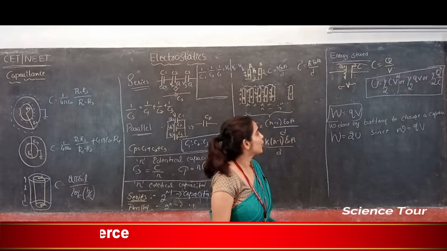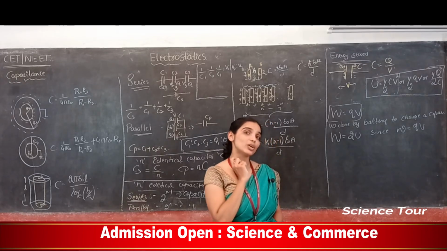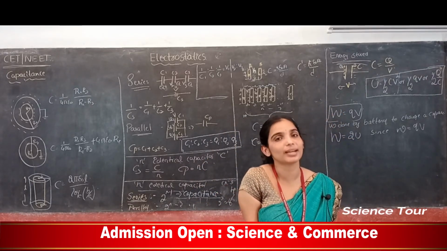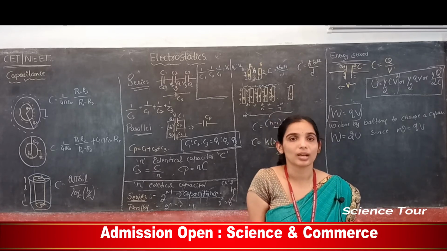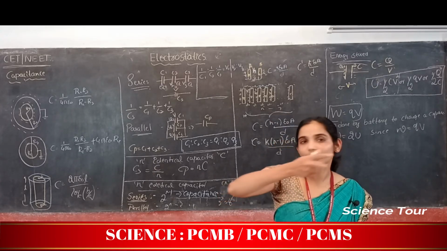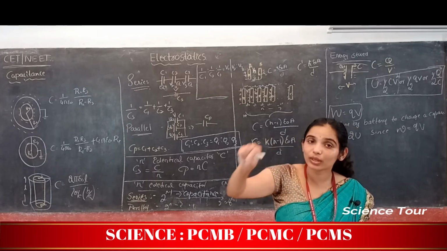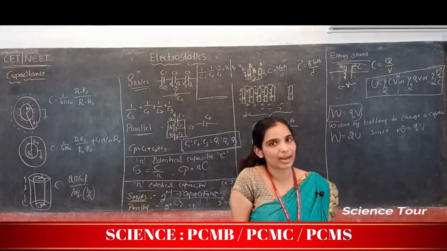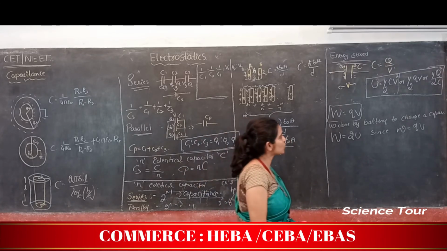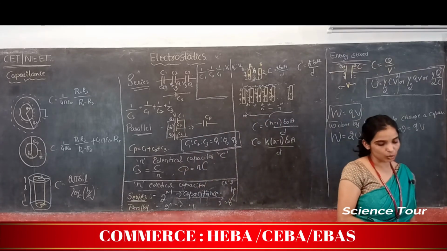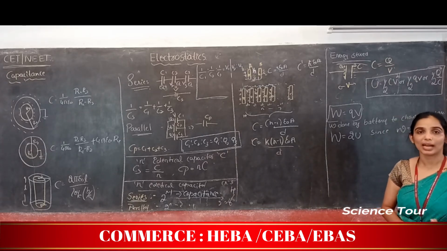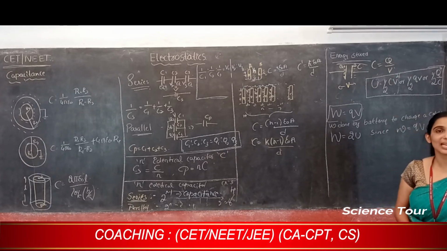So when you carry the electrons from one plate to another plate, the amount of work you have to do is 2 times the energy stored in that capacitor. So work done is nothing but 2 times the energy stored. Now what is energy density?